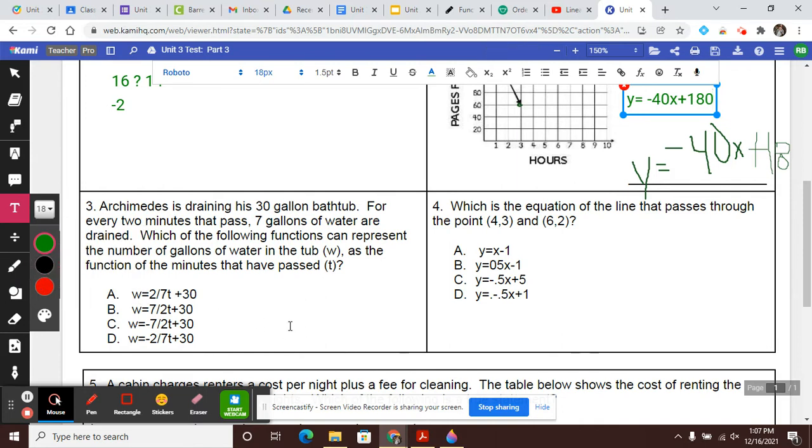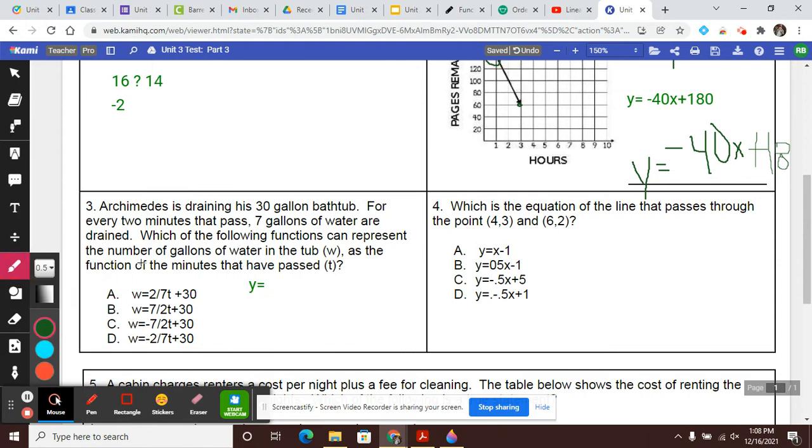I'm going to type in here y equals. My keyword for change is: for every 2 minutes that pass, 7 gallons of water are drained. That's a clue for my slope.